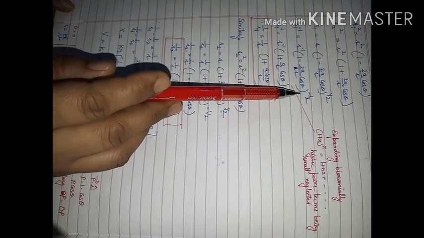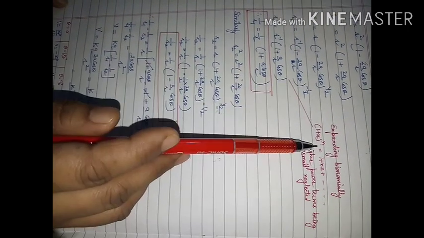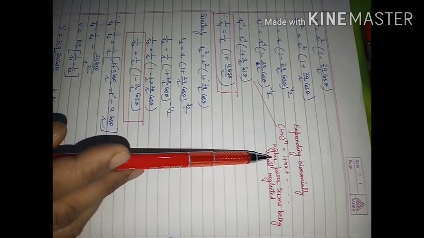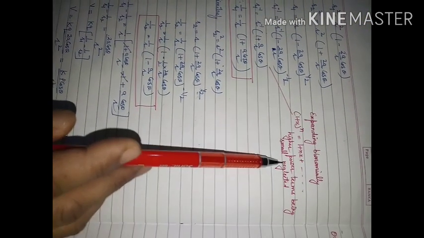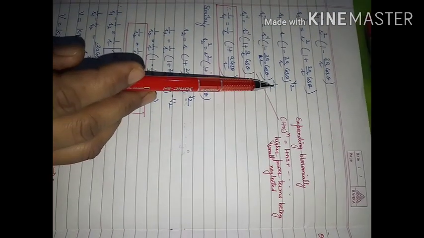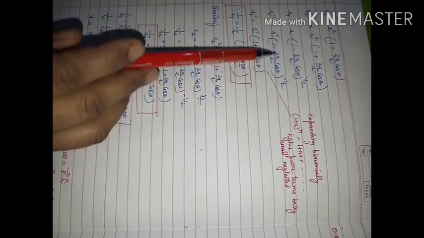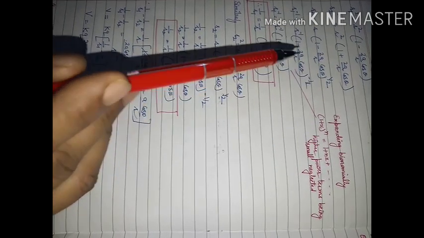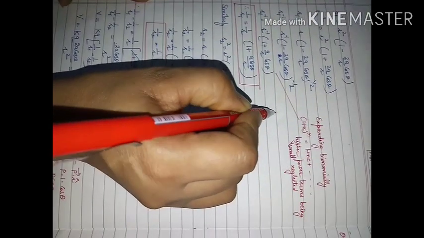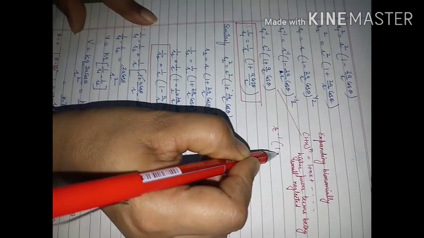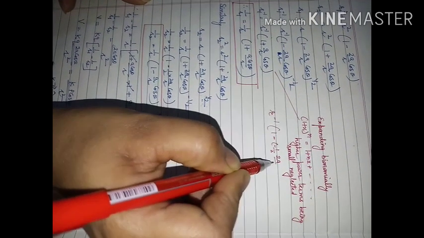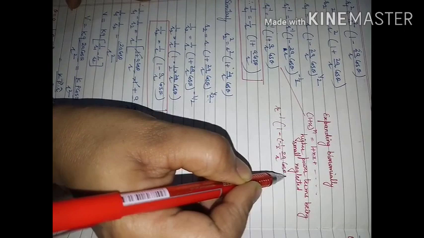And when we expand it binomially, we will get 1 plus nx, and higher power terms being very small, they will be neglected. So this minus half will come down, so minus and minus will become plus. This 2 will get cancelled with this 2. So we will be getting r to the power minus 1, 1 minus half times 2a by r cos theta.